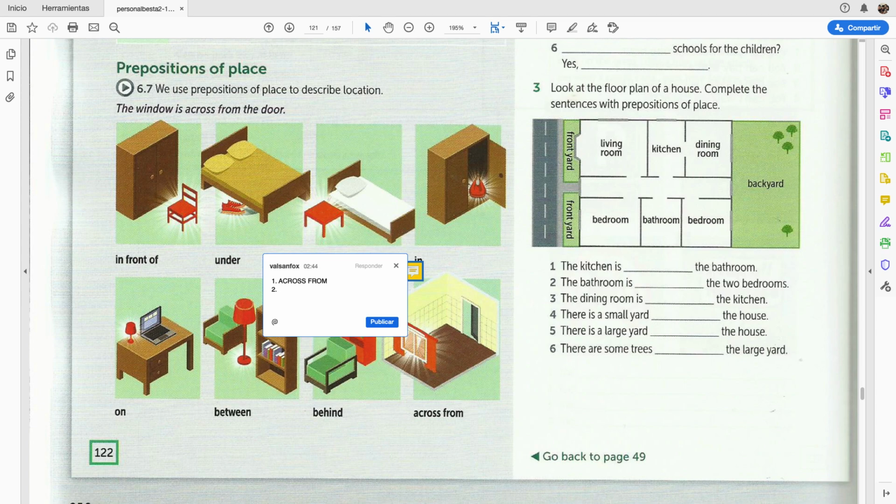Number 2, the bathroom is the two bedrooms. The bathroom is between the two bedrooms. Number 3, the dining room is the kitchen.